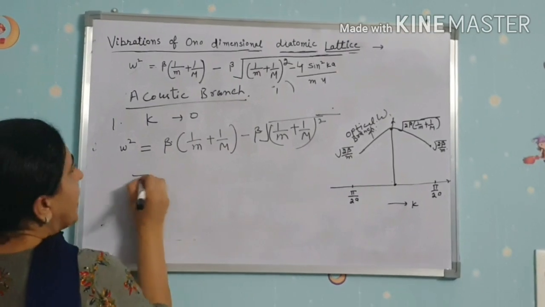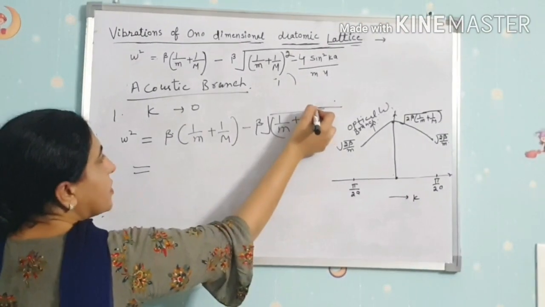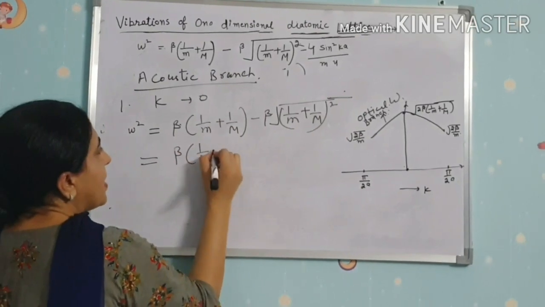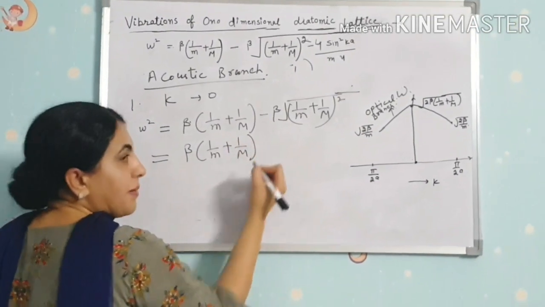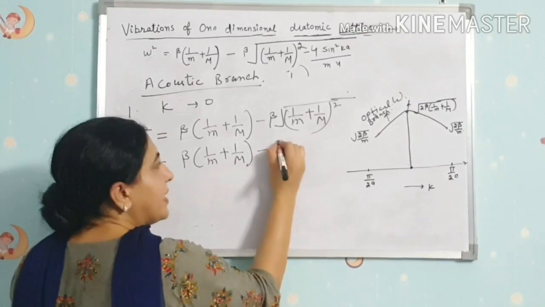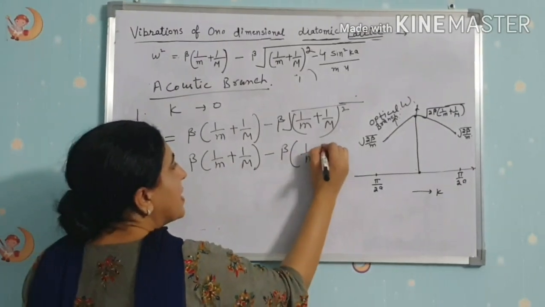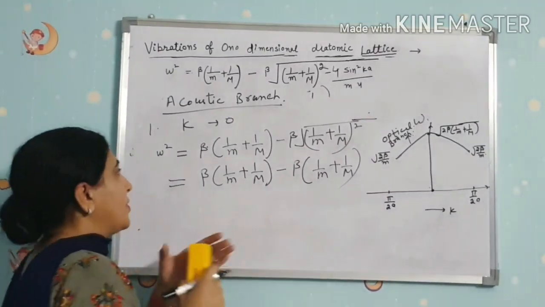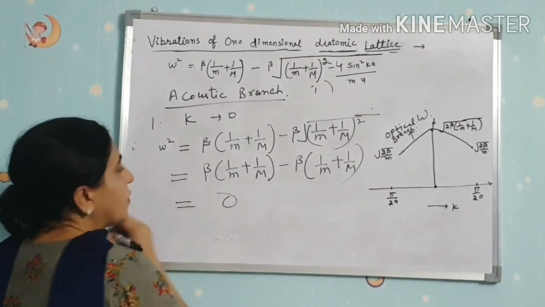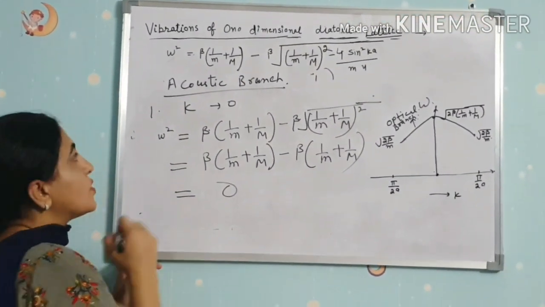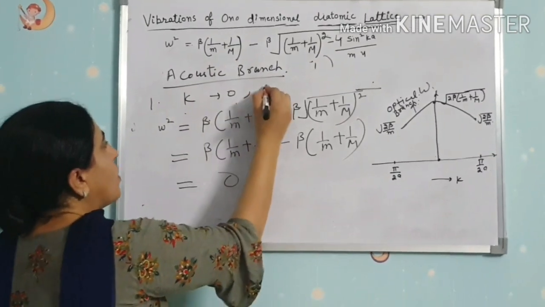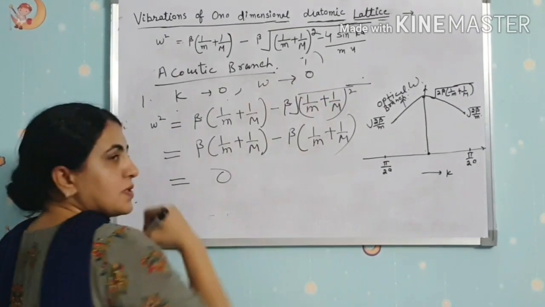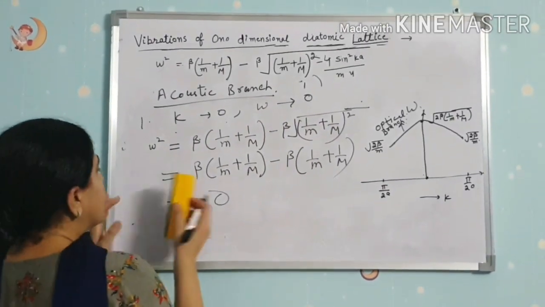This gives beta (1 over m plus 1 over capital M) minus beta (1 over m plus 1 over capital M). Same terms, so this is equal to 0. So when k approaches 0, the value of omega also approaches 0. Clear?